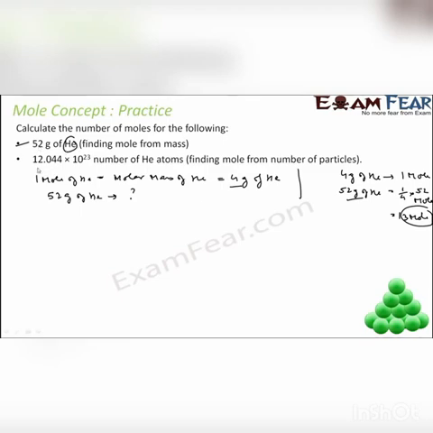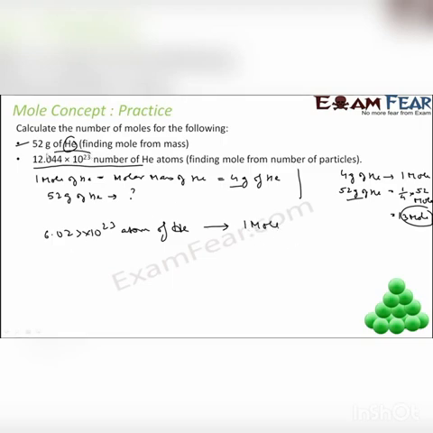Okay. The next is these many helium atoms. Find the moles from the number of particles. So we know that 6.023 into 10 to the power 23 atoms of any substance, let's take helium here, is equal to 1 mole.